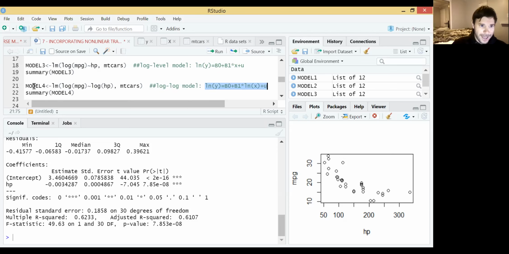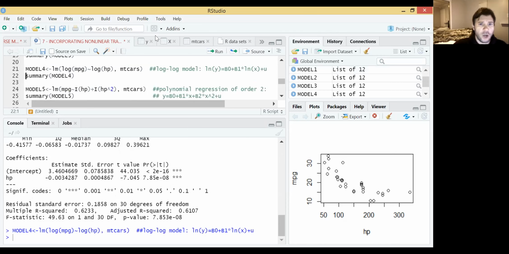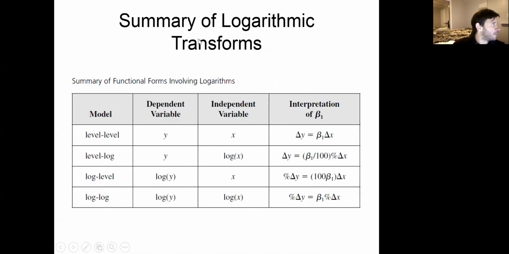Okay, so let's go ahead and we're going to build model 4 and we're going to run it in just a moment. But before we run it, let's jump back to our table here and make sure we can see this. So now we're in this very last situation in the bottom row where we are looking at a log-log specification here. Let's make that red. So here's our log-log specification.